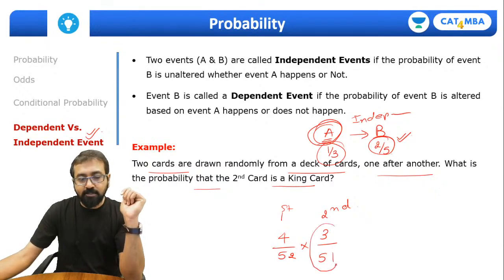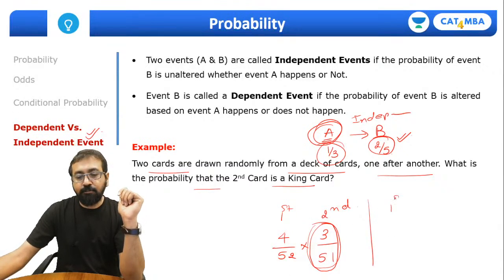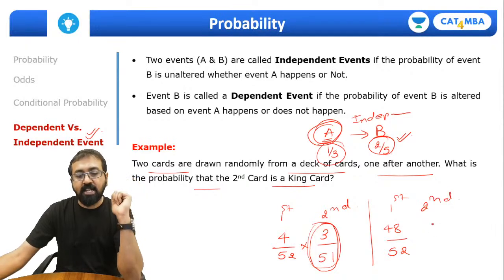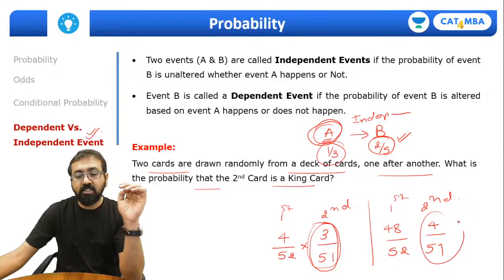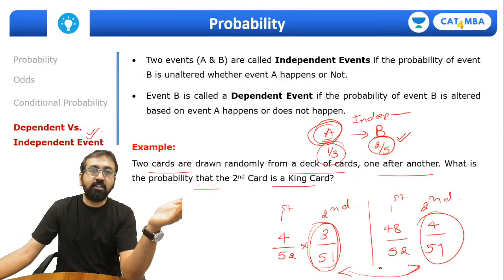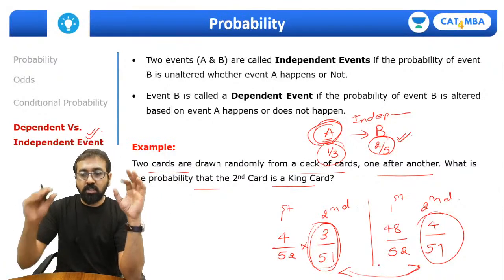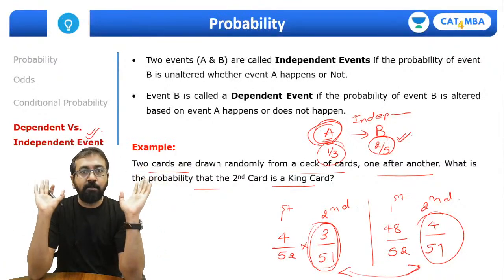So the probability of the second card being a king will become 3/51. Instead, if the first card is not a king card, the probability of that is 48/52 for the first card. And now what is the probability of the second card being a king? So can I say now there are 4 king cards out of a total of 51 cards? So see, the probability of the second one is dependent on whether the first card was a king card or not. So this is an example of dependent probability.